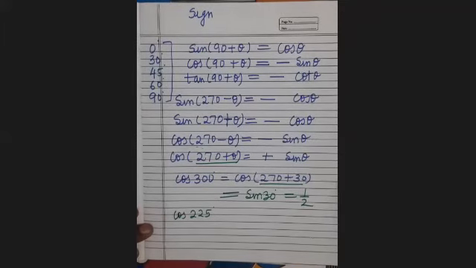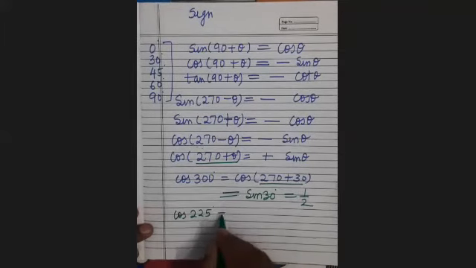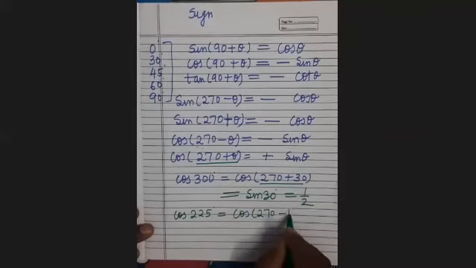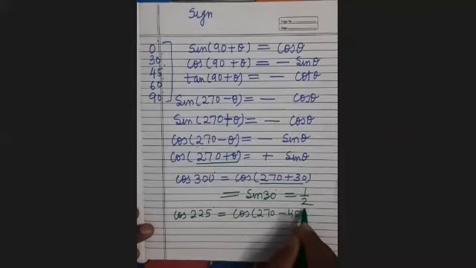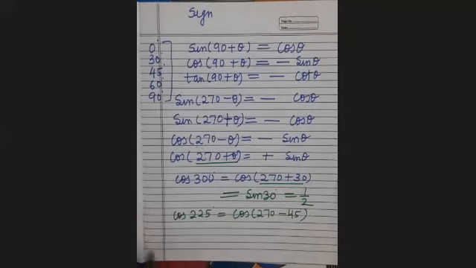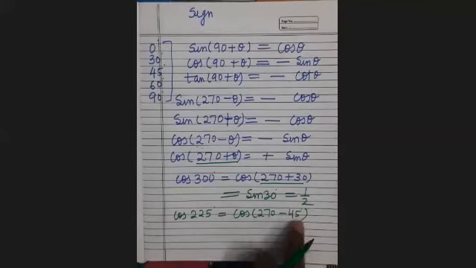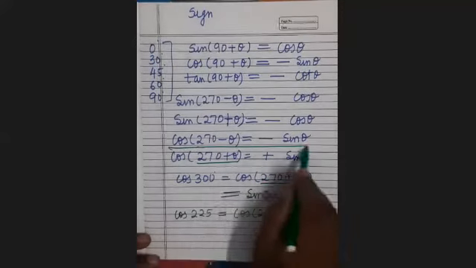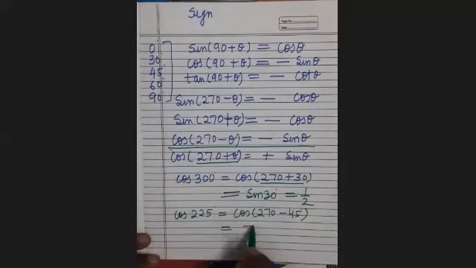Cos 225 degree you can write as cos 270 minus 45. 270 minus 45 is 225. So it will be sin 45, and it will be equal to minus sin 45. Minus sin 45 means minus 1 upon root 2.